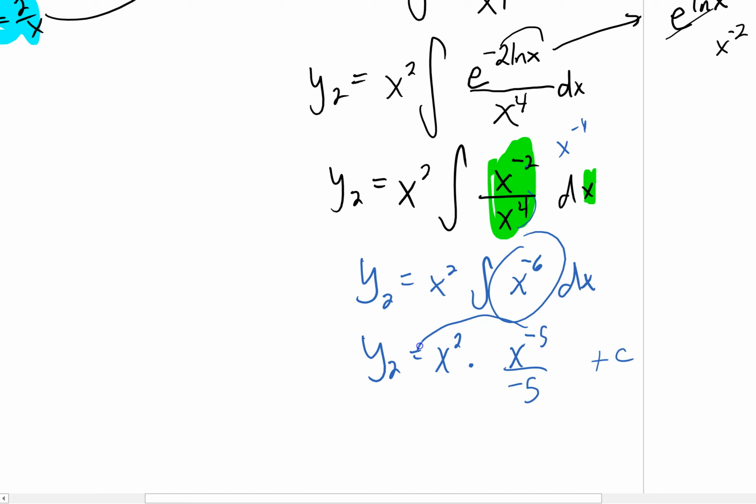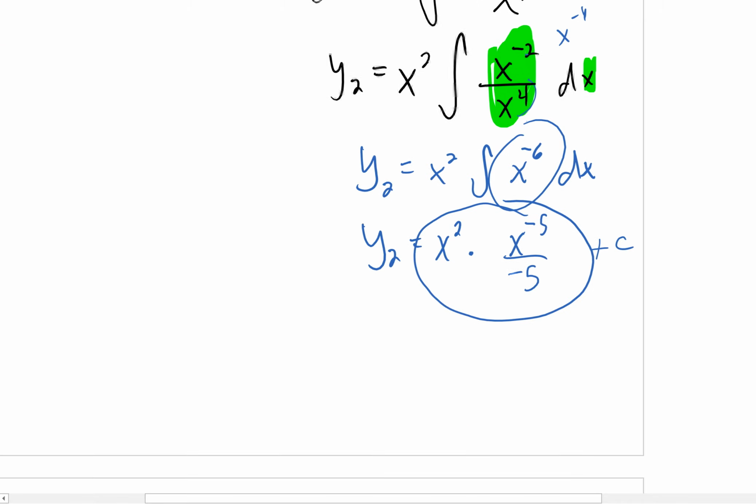But really, our focus is just finding a general second solution. x squared times x to the negative 5th is really x to the negative 3rd, right? And you also have a negative 1/5 out in front, because you've got your 1 up on top and negative 5 down below. You could also wonder if you'd need to multiply x squared into the c. You don't.